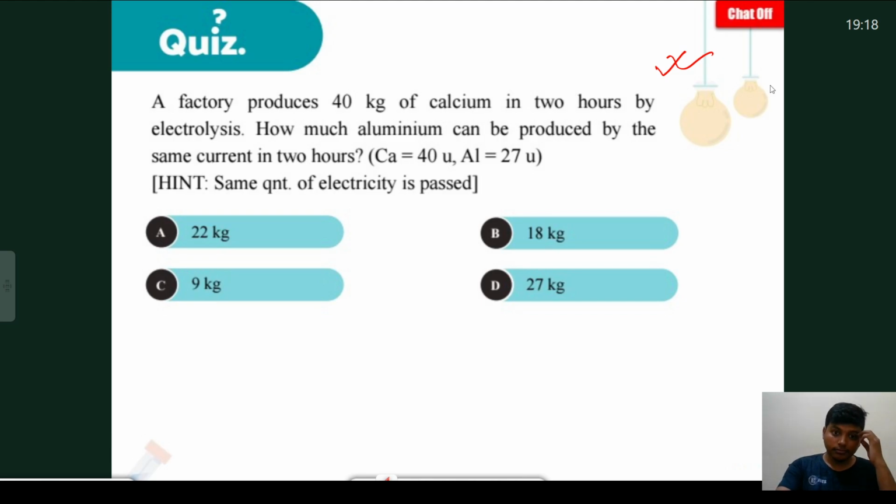Sir, option B. B, B. Okay, 18 kilogram. Okay, next, what about Aditya? Sir, I only told the answer. What about Sarvesh? Tell.